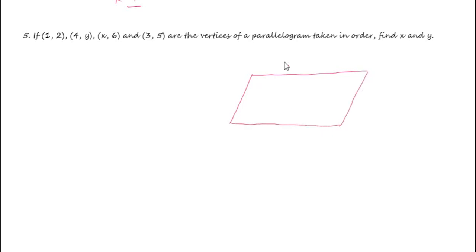This is a parallelogram and this is A (1, 2), B is (4, y), C is (x, 6), D is (3, 5). Let us draw the diagonals.